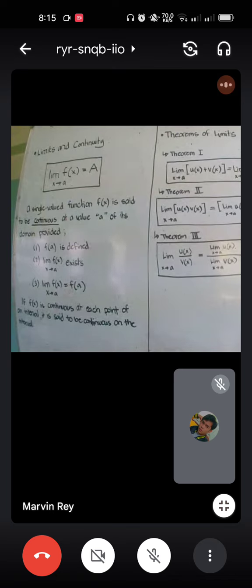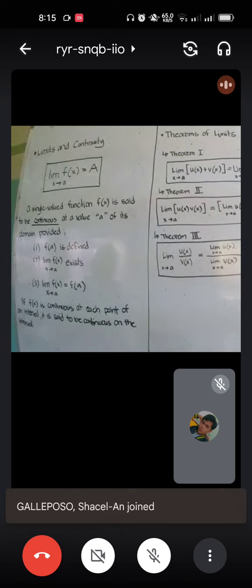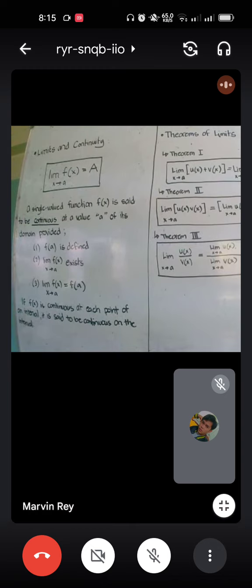One of the methods is simplifying the function, the equation, or maybe rationalizing the denominator, and also differentiating. But since we are not yet introduced to differential calculus, it will not be applicable for this moment.